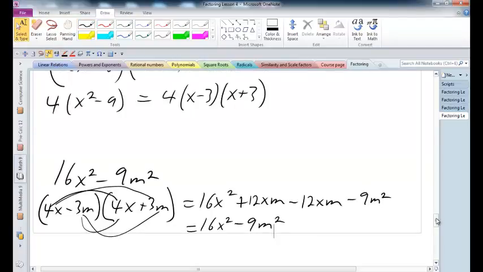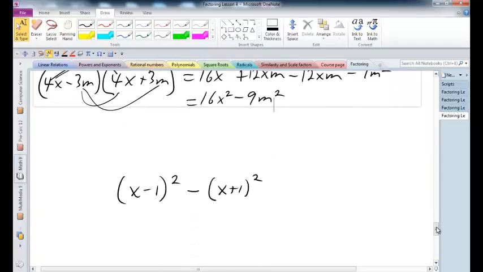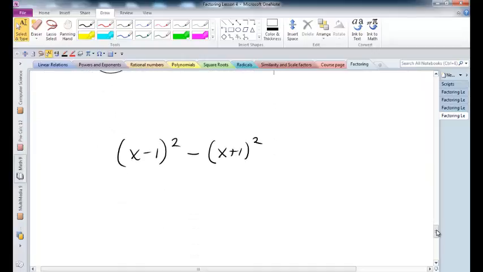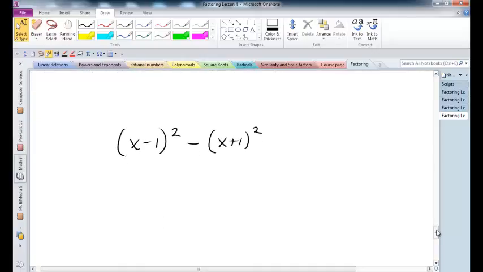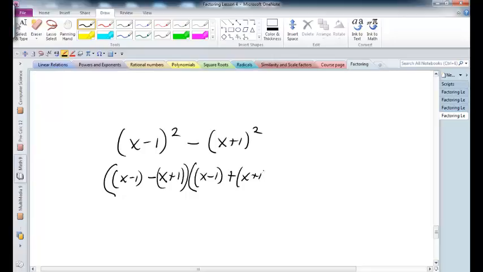Now let's try a really tough one. You can see we've got a difference of perfect squares there. So let's square root them like this. (x - 1) minus (x + 1) times (x - 1) plus (x + 1).